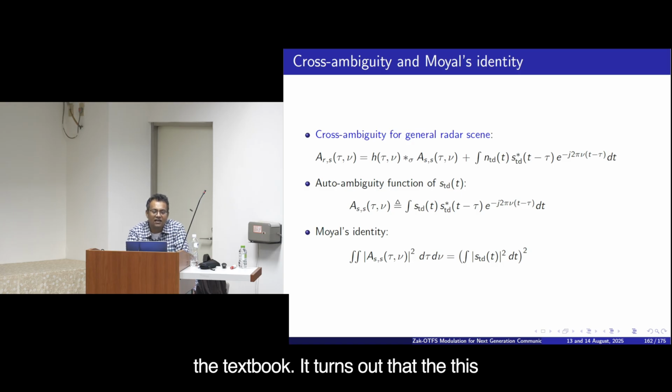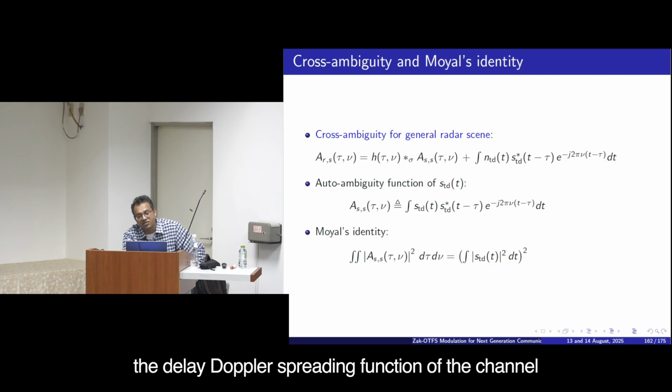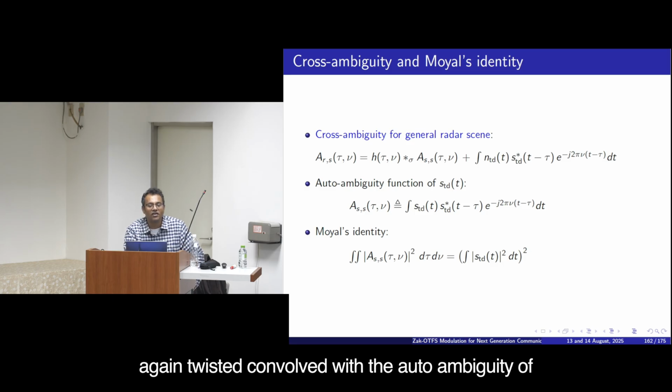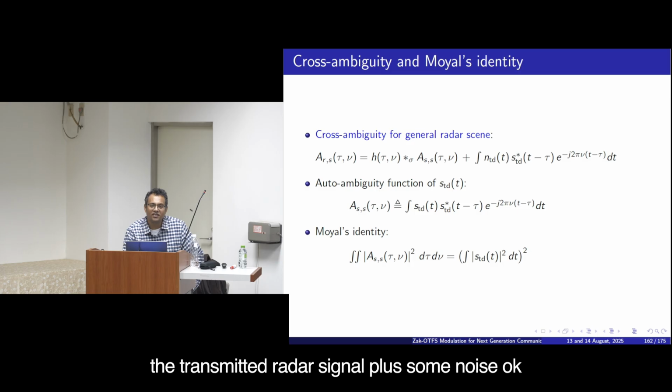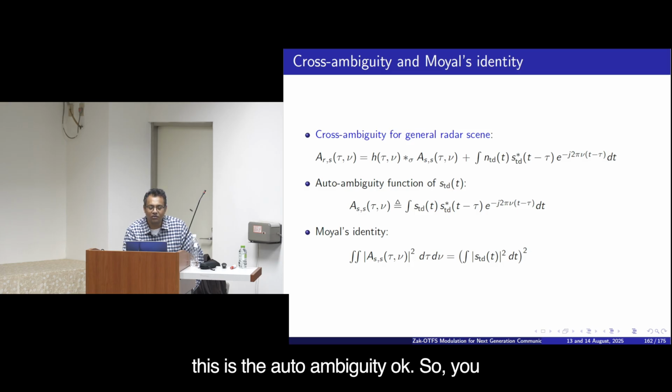It turns out that this cross ambiguity is given by the delay Doppler spreading function of the channel, twisted convolved with the auto ambiguity of the transmitted radar signal, plus some noise. This is the auto ambiguity.